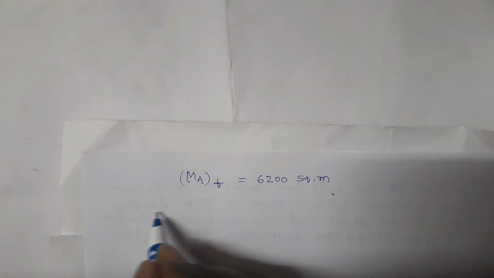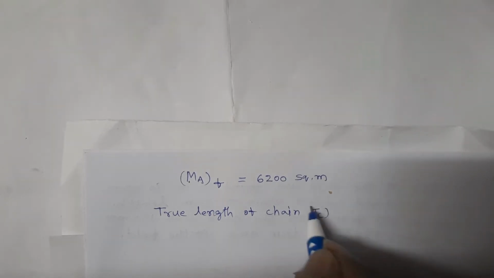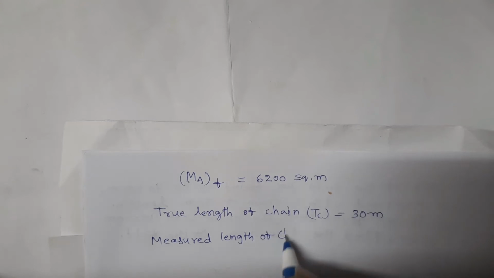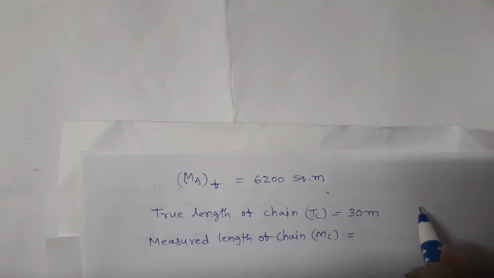Now we know true length of chain, TC, is equal to 30 meters. Measured length of chain: here we need to take the average of the chain length before and after the survey.